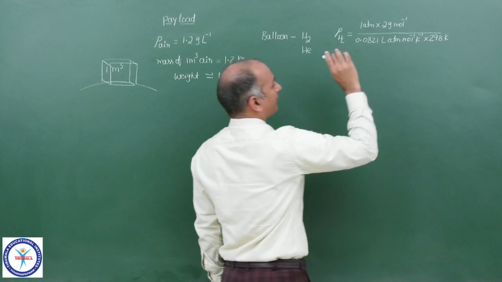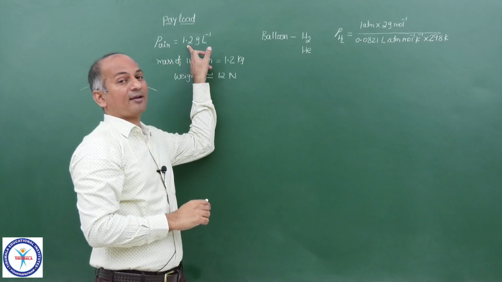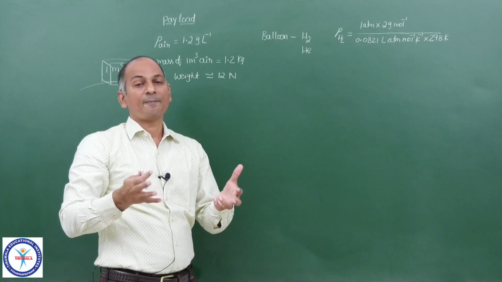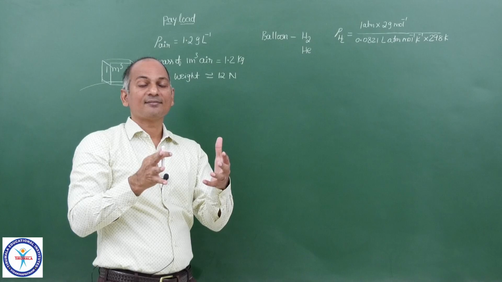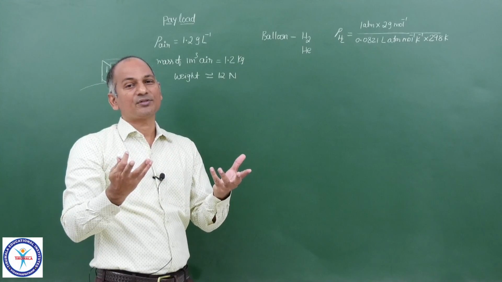Now this value will definitely be far less than the density of atmospheric air. So let us fill the balloon with hydrogen. It will be less dense. Now it will rise because of the buoyant force.